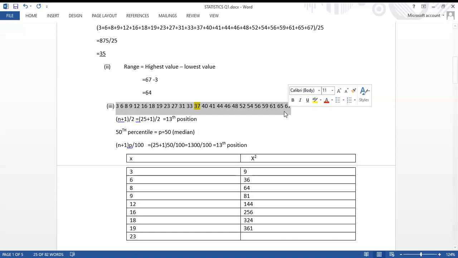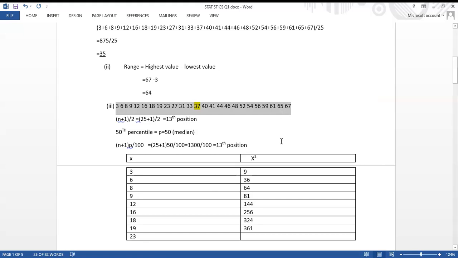We are now here, trying to find the variance. Basically, we're trying to measure how far each data value is from the mean. So this is how you calculate the variance.